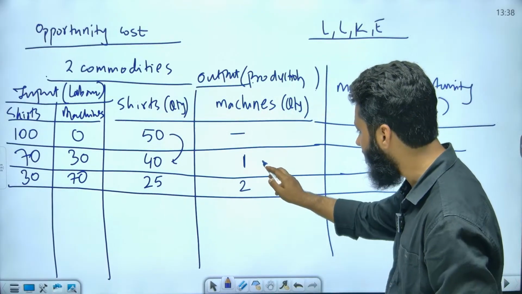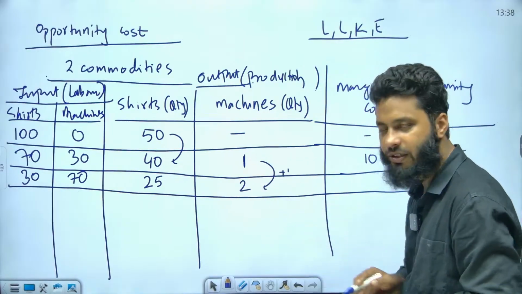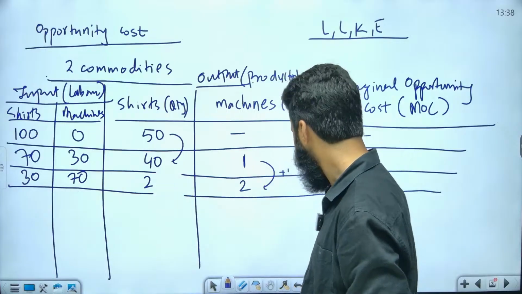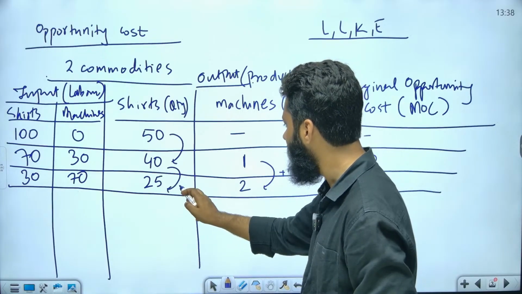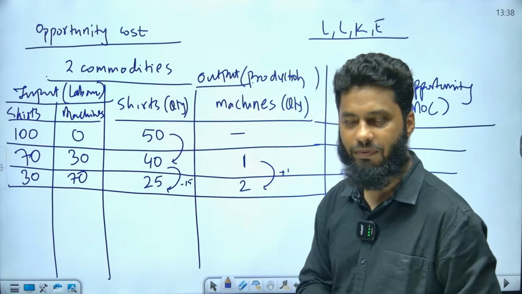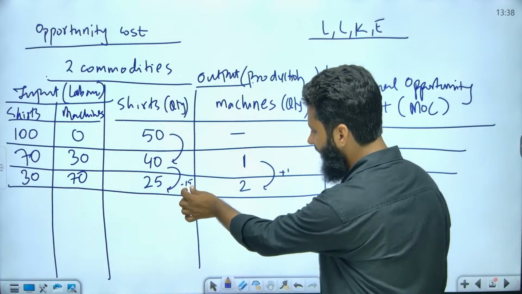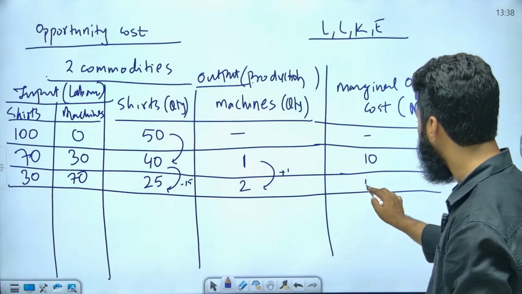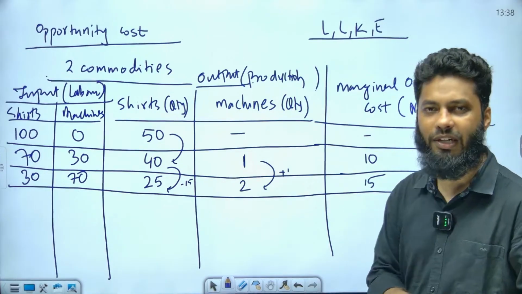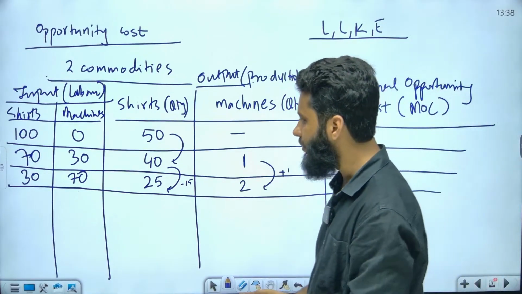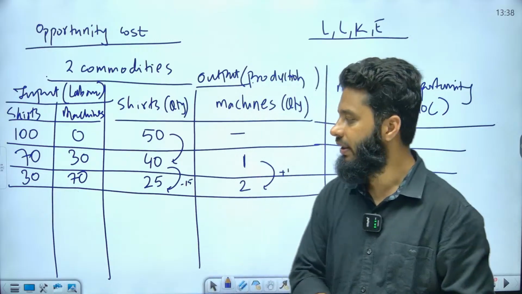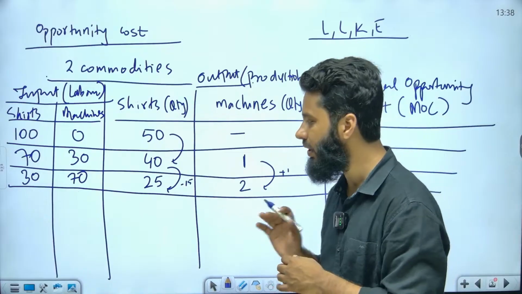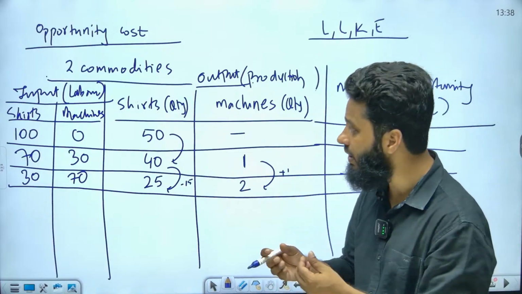For one extra unit of machine, you are sacrificing how many shirts? You are sacrificing 15 shirts. So your marginal opportunity cost will become 15.